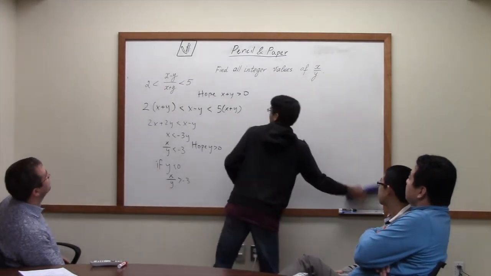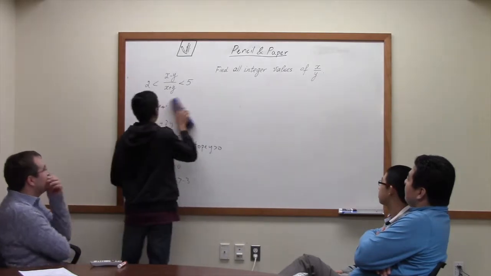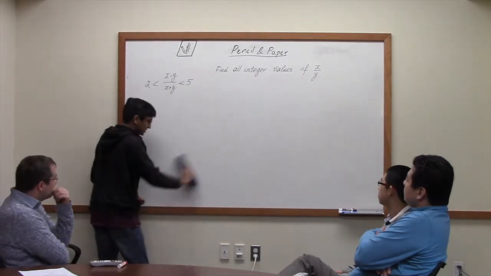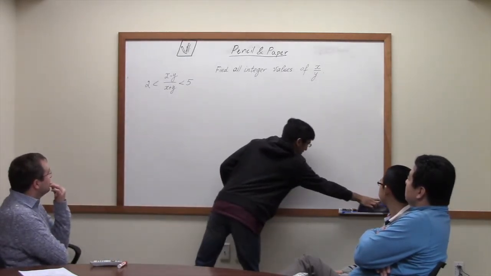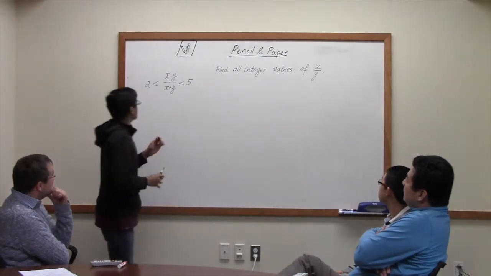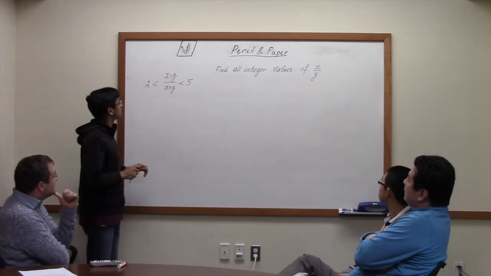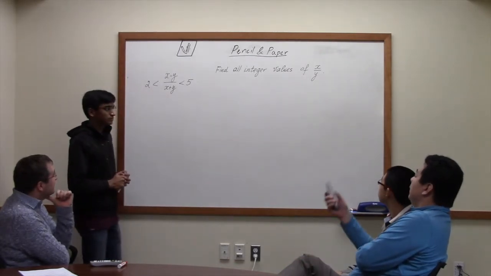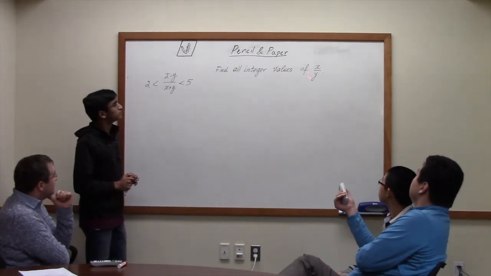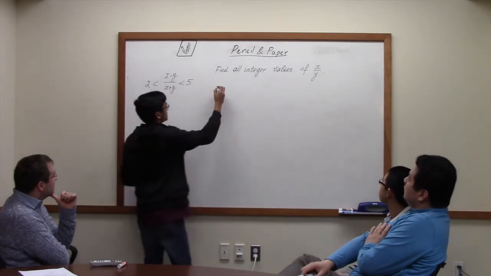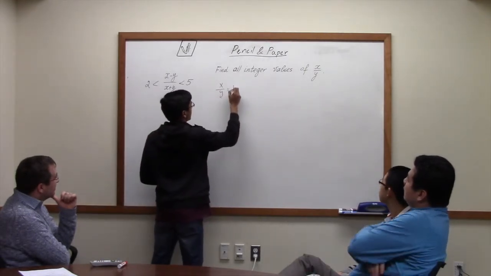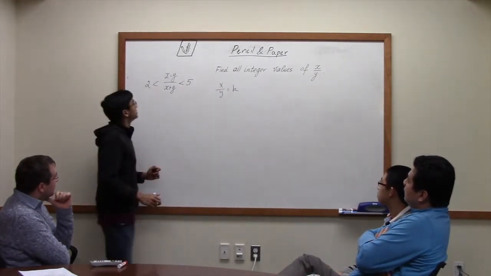Right. So let's erase all of this and see if we can start over. Is there any way we can approach this problem directly without having to do any kind of cross multiplying at all? I think we should look for what they're asking for. So if we say x over y equals k, now we know k is an integer.